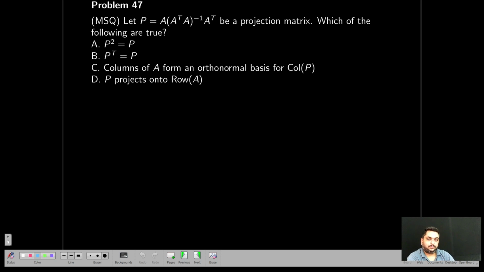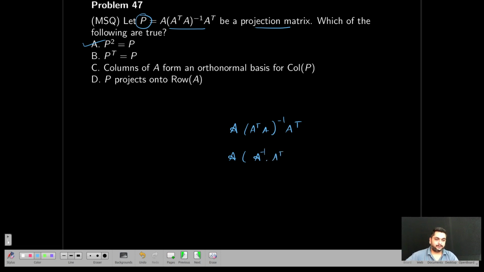Let P equal to this be a projection matrix. Then which of the following is true? If P is a projection matrix, you already know it is this. And also check if it is symmetric. How will you check the symmetry of this? A into (A transpose A) inverse into A transpose.